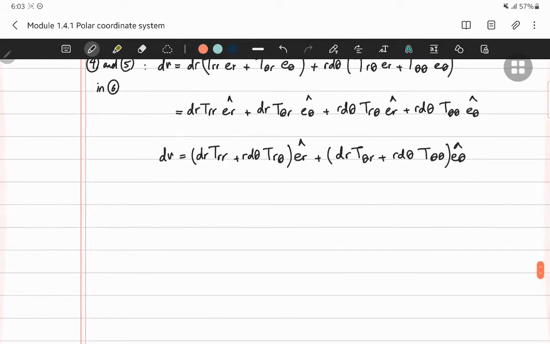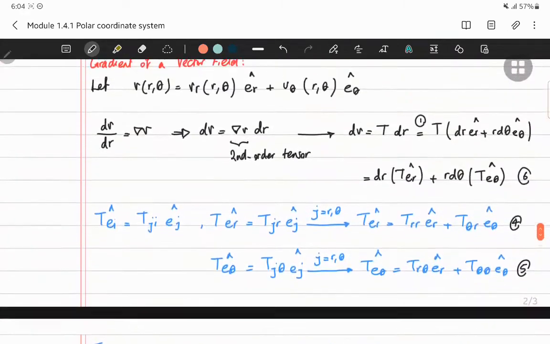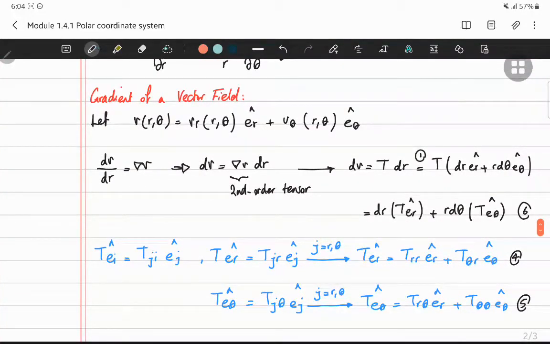Also we have v, maybe I can just copy and paste it from here.